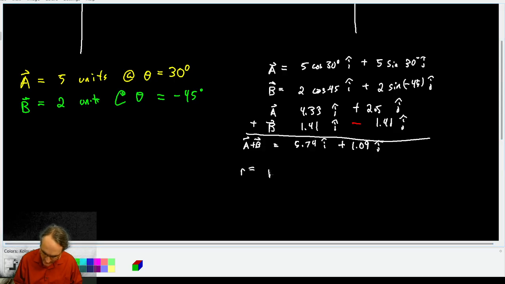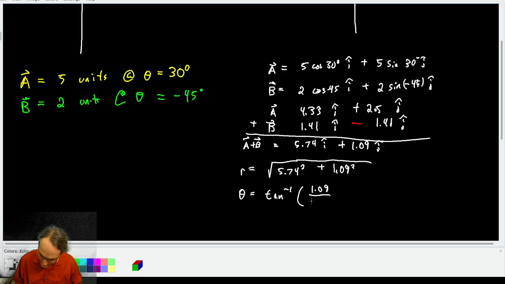The magnitude would just be the square root of 5.74 squared plus 1.09 squared. And then the direction of it would be inverse tan of 1.09 divided by 5.74. So let's see what we get. Square that plus 5.74 squared, take the square root.